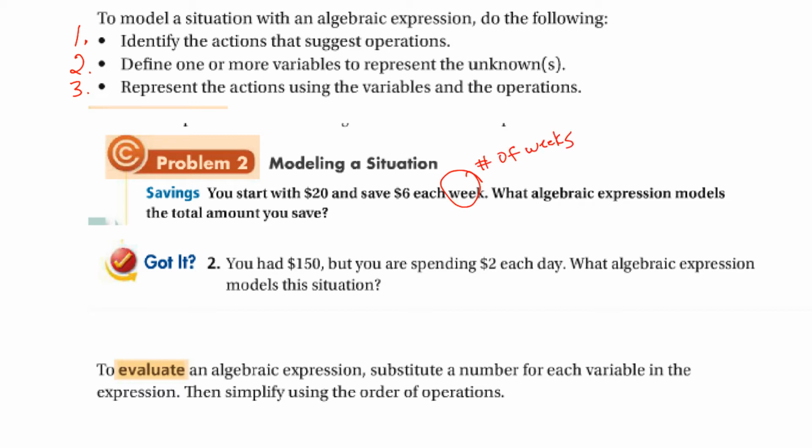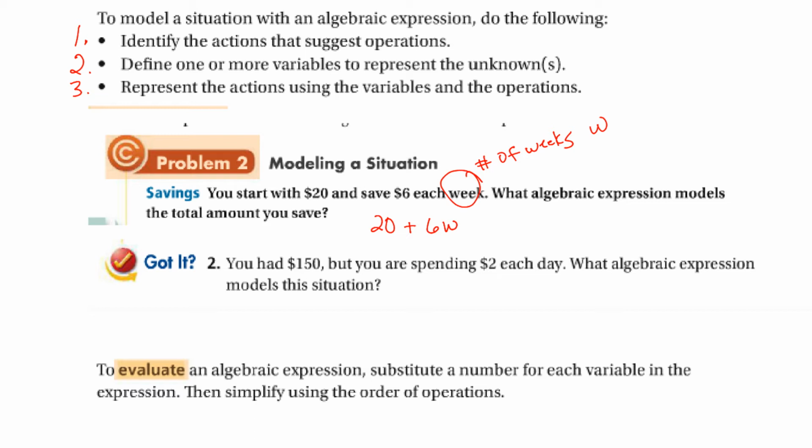So that's going to be my variable. So what algebraic expression goes along with these words? I start with $20 and I save $6 per week, which means 6 times W, which is the number of weeks. Now you need to do Got It Problem 2 in the same way.